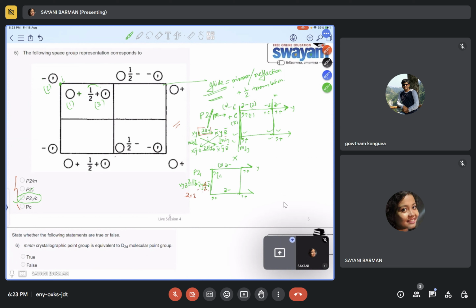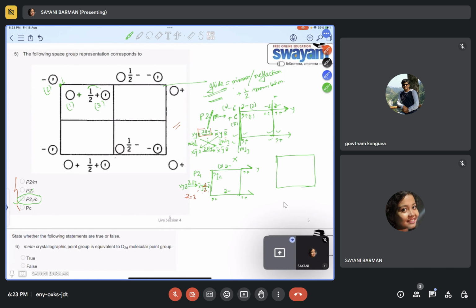Next one is PC. PC means just a primitive lattice with a C glide. Let's say the C glide is along Z direction. So we have to erase this because we know C glide we draw as dashed, not as solid lines.